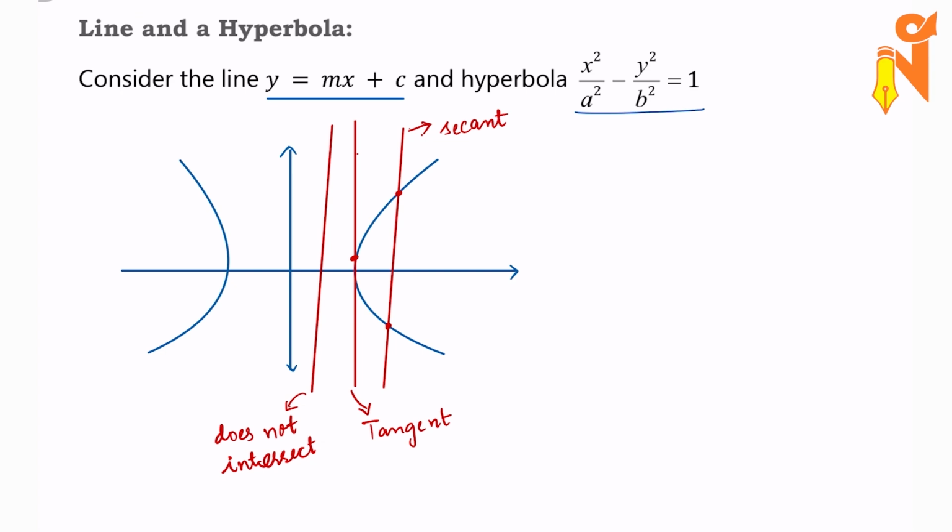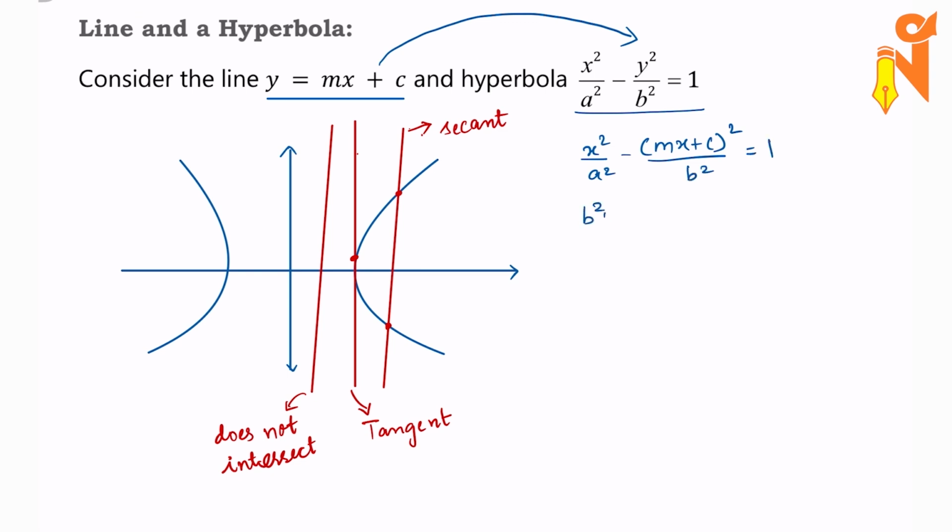So how will you identify whether the given line intersects the hyperbola or not? For that, what we will do is substitute the value of y from the line in the hyperbola. So it is x square by a square minus (mx plus c) whole square by b square is equal to 1.